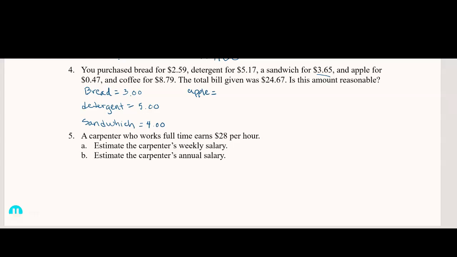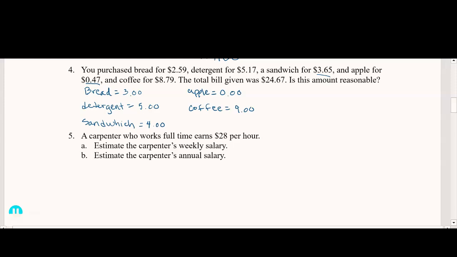So now this is where you want to be careful. Notice the apple. It's less than 50 cents. We're rounding to the nearest whole dollar, so we can't round to a dollar because it's not 50 cents. It's 47 cents. The nearest dollar would be $0. So that's where I'm going to round it. And then we had coffee. That would round up to $9.